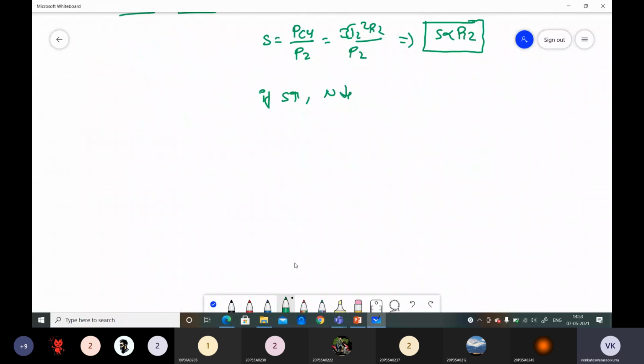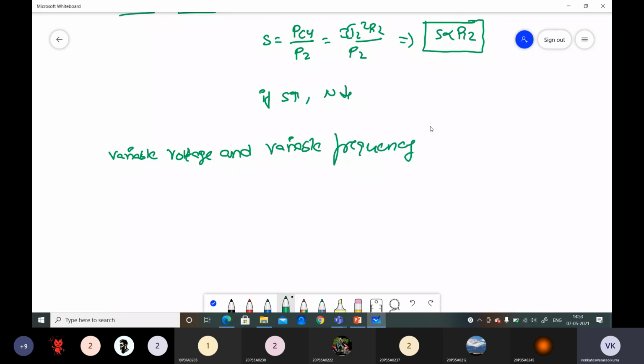Next, the other method: variable voltage and variable frequency method. This method is called the VVF method.